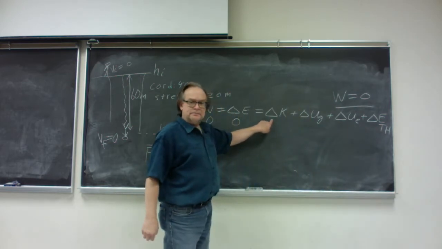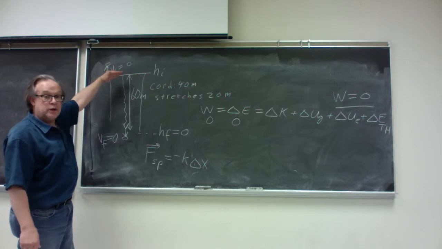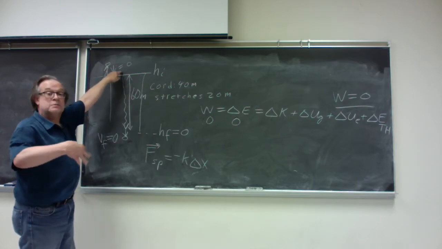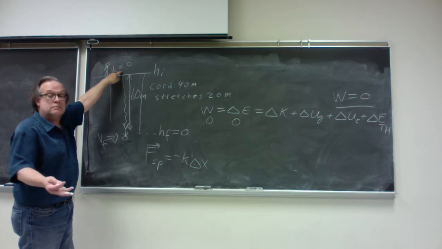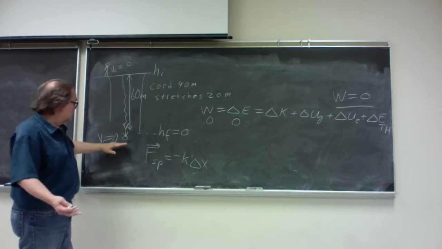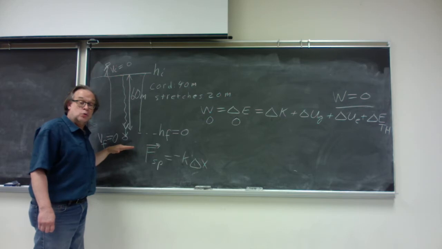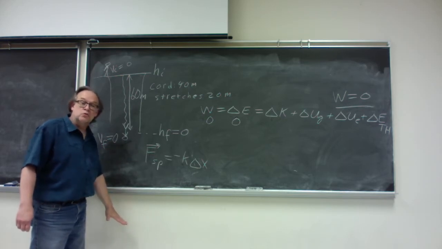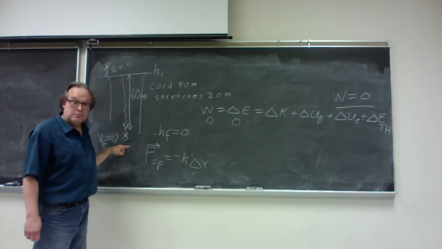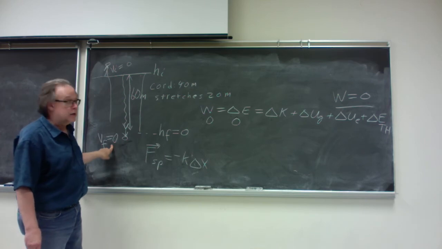Well, for kinetic energy, when the jumper just stepped off the bridge, the jumper had, for all practical purposes, an initial velocity of 0. And then of course when the jumper has come as far down as the jumper will go, the jumper isn't continuing to move down, the jumper has stopped falling, so at that point the final velocity is 0 again.